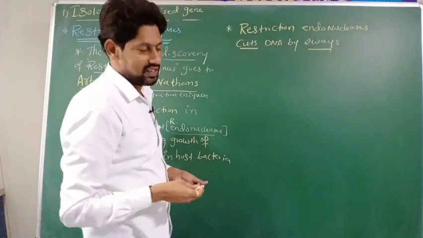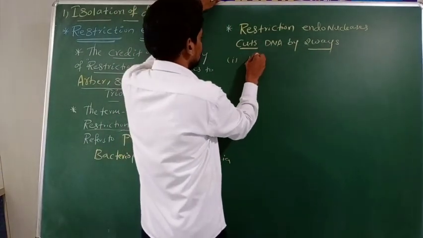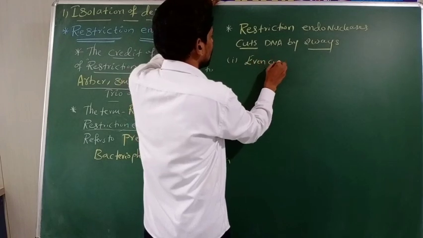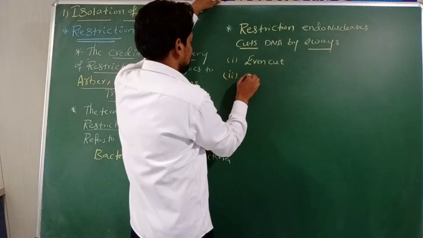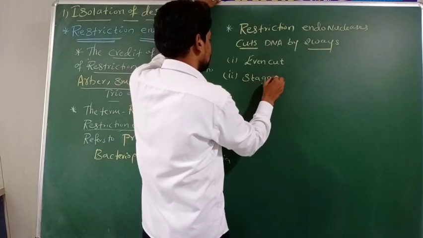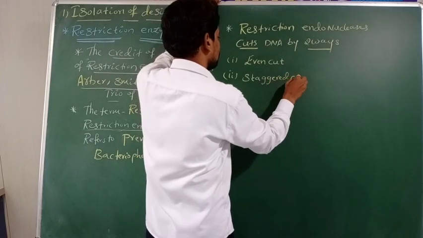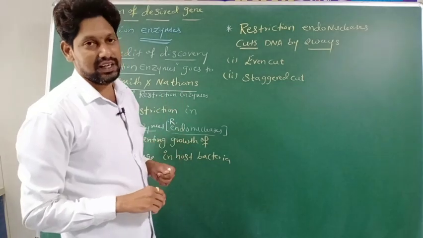What are the two ways? Number one, even cut. Second one is a staggered cut. Even cut and staggered cut, right?